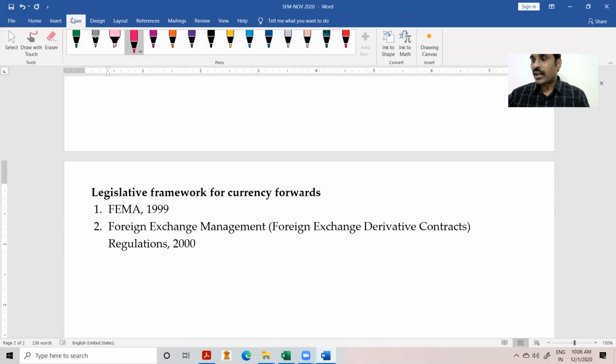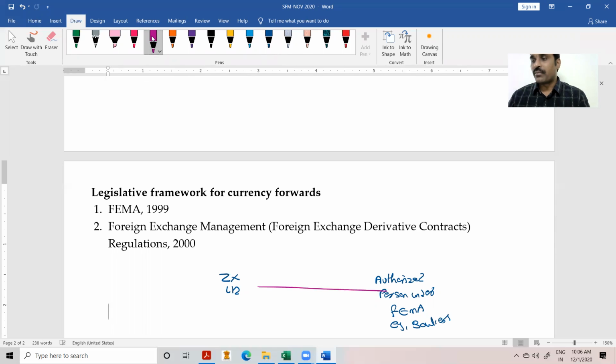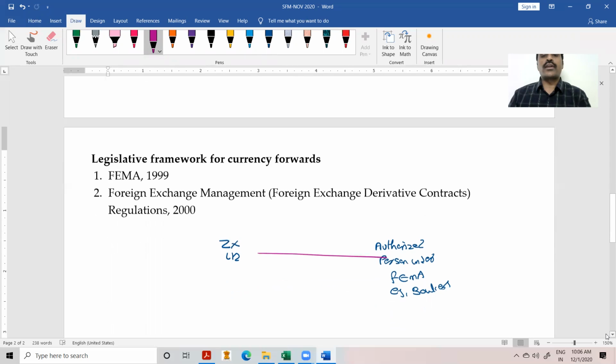The reason for charging the premium: here there is ZX Limited, and the other counterparty is an authorized person under FEMA, for example bankers. Now, for ZX Limited there is no counterparty risk.